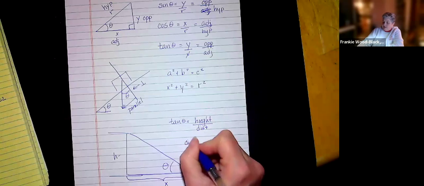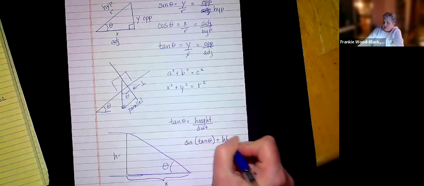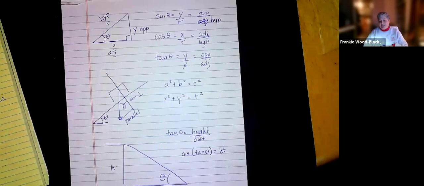Now I can do distance away times the tangent of the angle is going to equal the height of my building. So the key is knowing what angle you're working with and what your right angle is. We're going to use this over and over again throughout the semester. We'll do a couple of other things with trig, but this will get you the majority of what you need to work problems this semester.